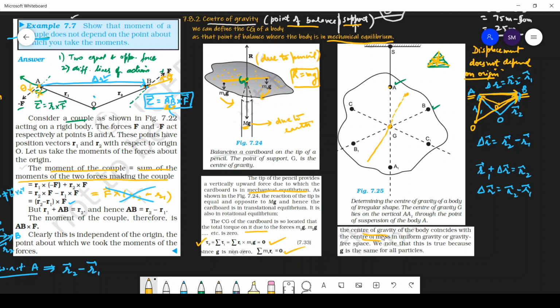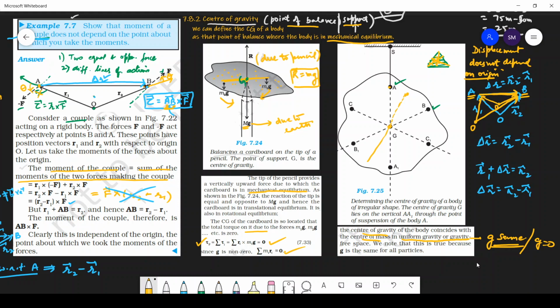So the center of mass and center of gravity are the same in uniform gravity, means if the value of g is the same at all the points of the body, or in gravity free space, means g is equal to 0. So either g is the same, or g is 0, and the center of gravity and center of mass coincide.